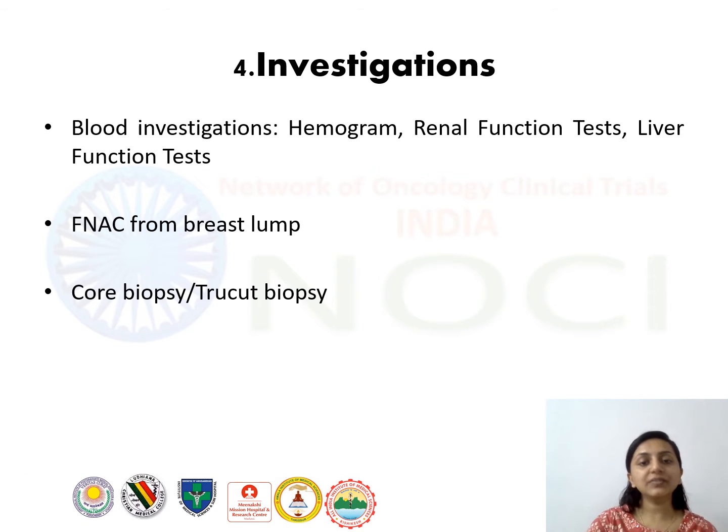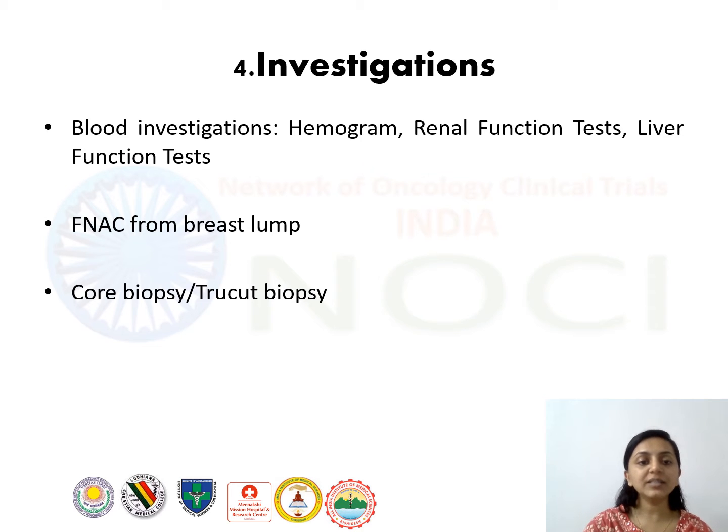There are certain investigations that need to be done as part of the workup. Firstly, the routine investigations that include hemogram, the renal function tests, and the liver function tests. Apart from these, we need to confirm the diagnosis of the breast carcinoma. For that, we need an FNAC, that is a fine needle aspiration cytology from the breast lump.